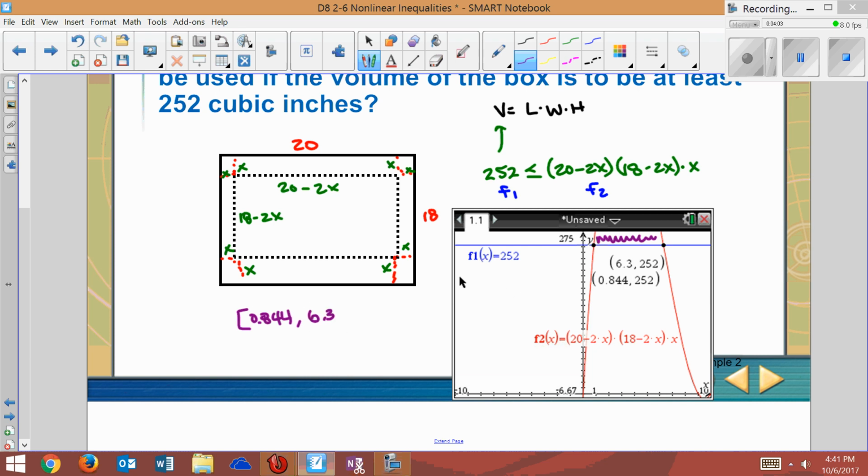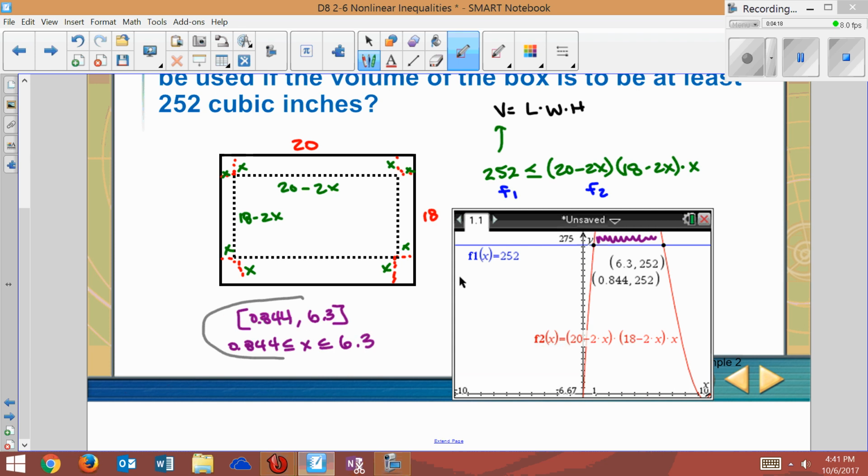From those values, the volume is at least 252. You could also write this in set builder notation like this. Then these would be our answer values. So anywhere in there, the volume is at least 252, cutting that amount on each side.